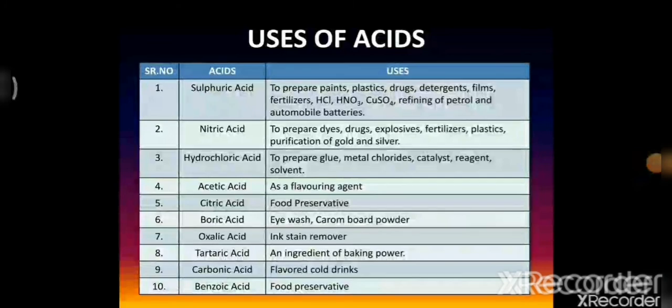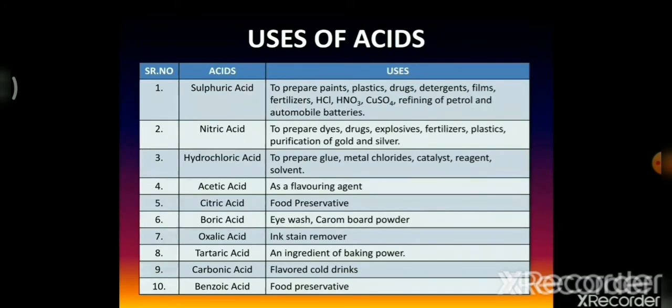We move towards the uses of mineral and organic acids. Here only some of the uses are given, like sulfuric acid. It is used to prepare paints, plastics, drugs, detergents, films, fertilizers. Some mineral acids are hydrochloric acid, nitric acid, and copper sulfate salt.